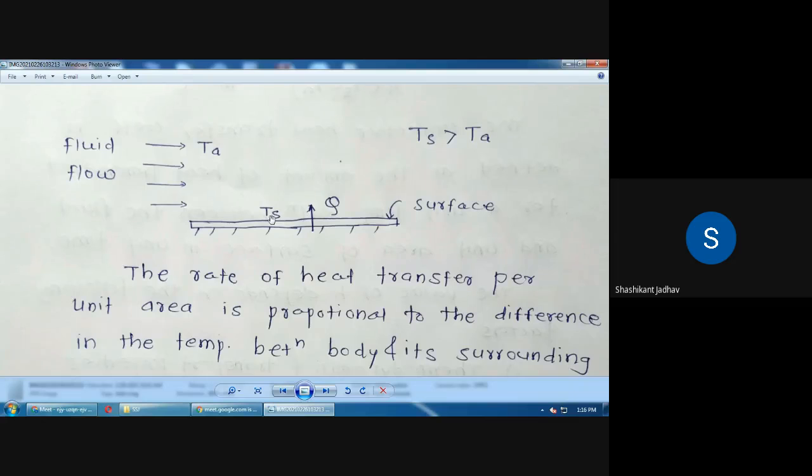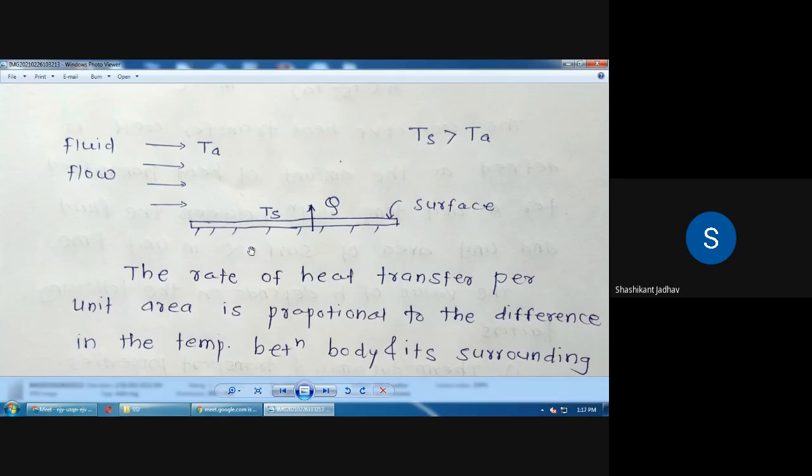On that surface, fluid or air flows, and due to that, heat transfer between the molecules takes place, that is nothing but convection, because the air or fluid molecules gain energy from that surface and move in the forward direction. So the molecules gain energy and change their location from one position to another. In this way, heat transfer takes place due to the motion of the molecules, that is nothing but convection.